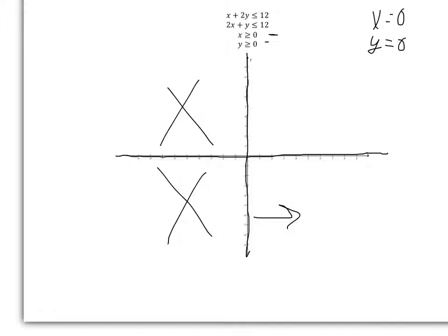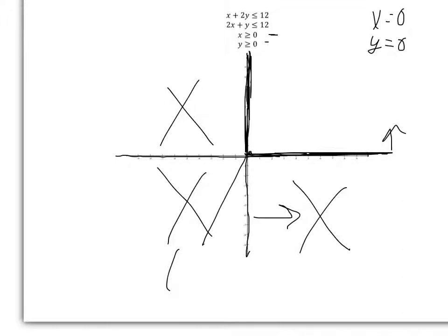Well, if y is greater than 0, we're going to be shading up here, so we're not going to be shading down here either. Because we have greater than or equal to, this is a boundary piece, and this is a boundary piece as well. So we're only looking up here in this top right quadrant. Now to get the other two pieces, and this gives us one of our vertices already, that vertex down there is 0, 0. That gives us 1.